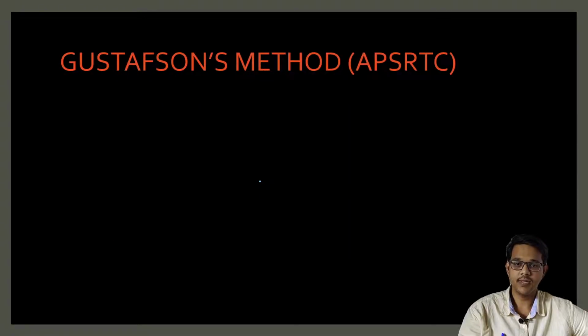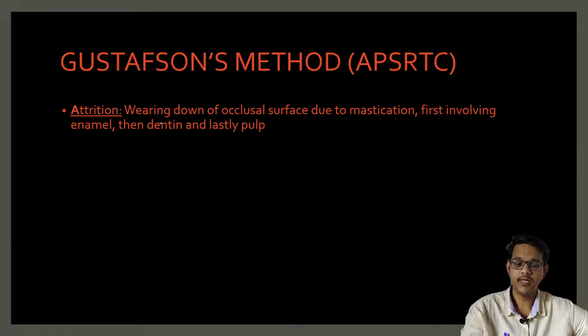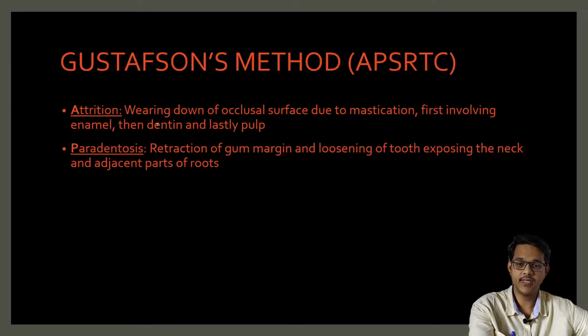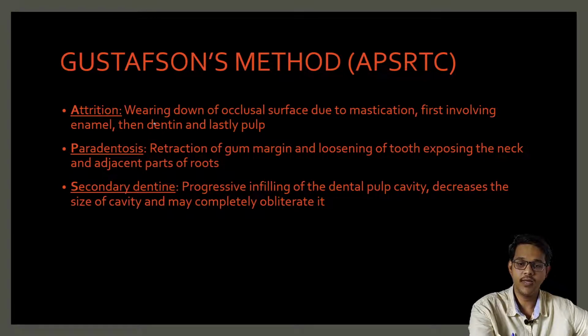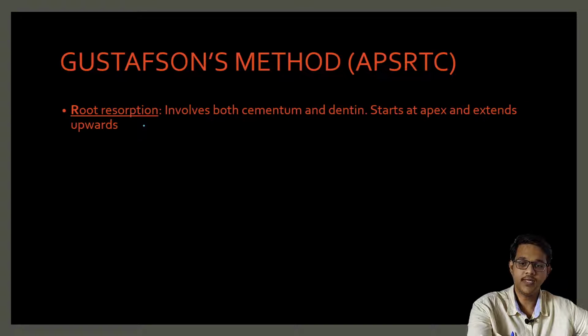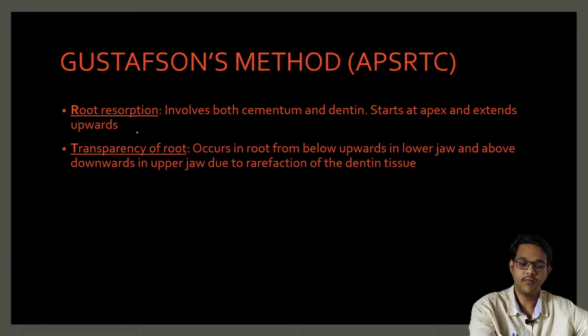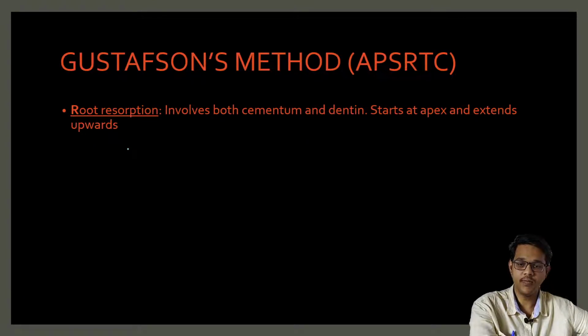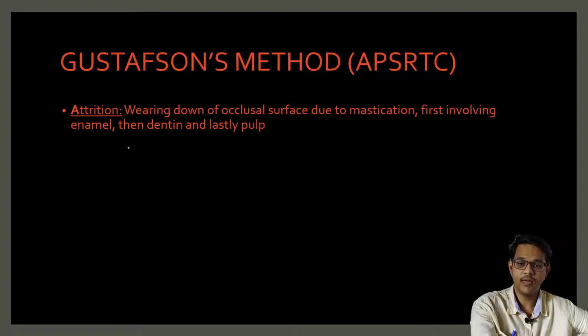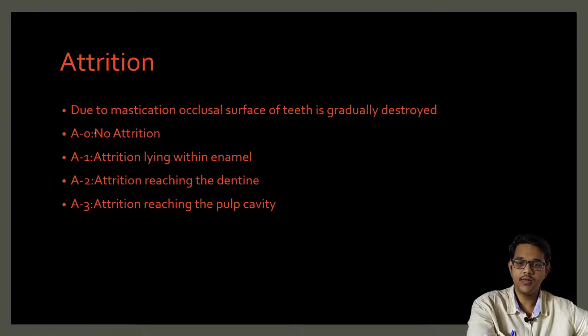Coming to Gustafson method, there are six characteristics: attrition, parodontosis, secondary dentin, root resorption, transparency of root, and cementum position. Coming to them one by one, attrition is a wearing down of the occlusal surface due to mastication, which first involves the enamel, then dentin, and lastly pulp. This is graded into A0, A1, A2, and A3.